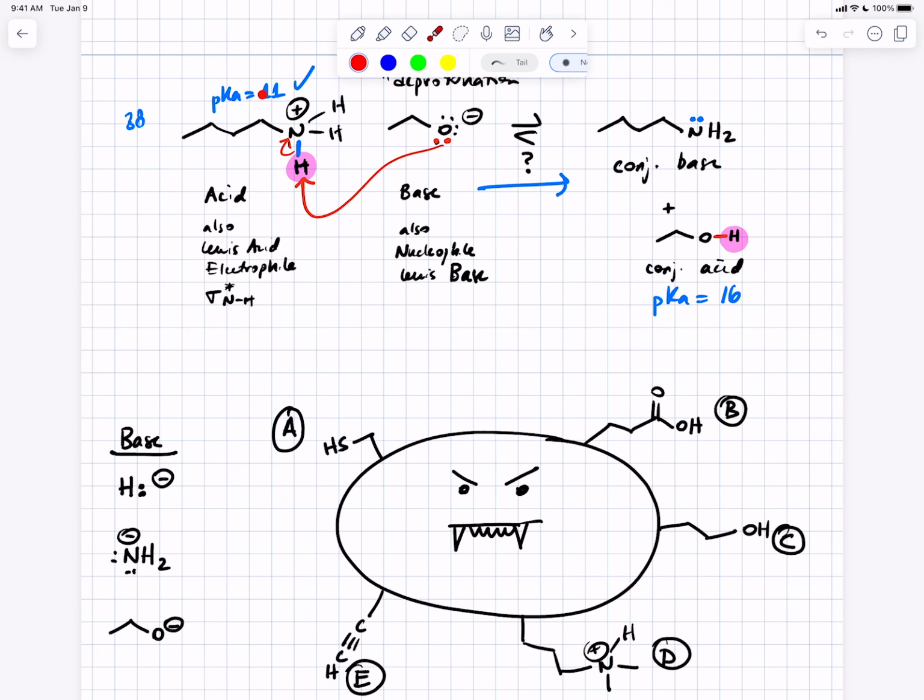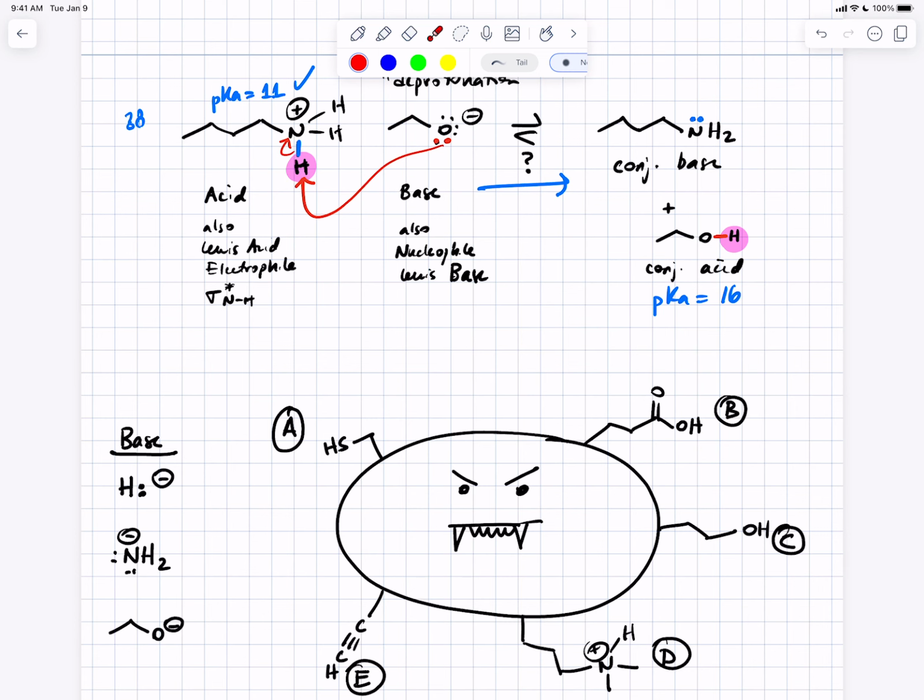Some of you are going to want that in words and try to memorize a sentence, and I can say it for you again. But this is why I don't like to put it in words, I just like to draw it. A base can remove a proton whose pKa is less than that of the conjugate acid of your base.